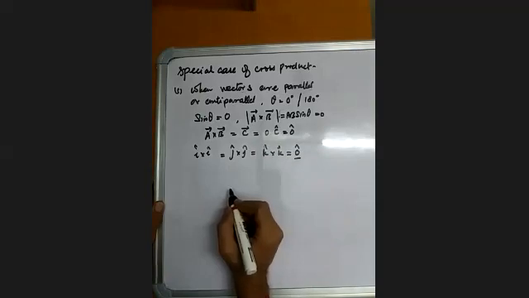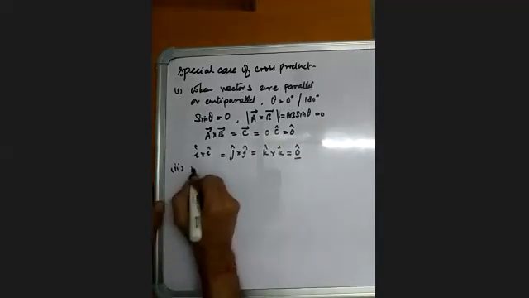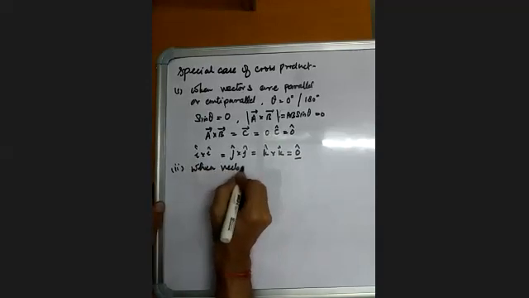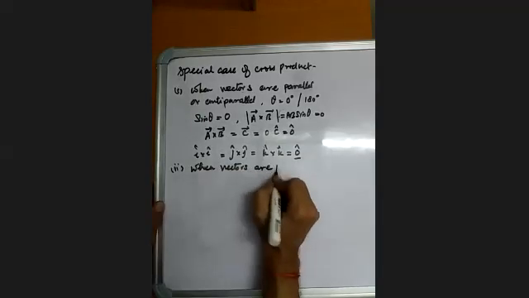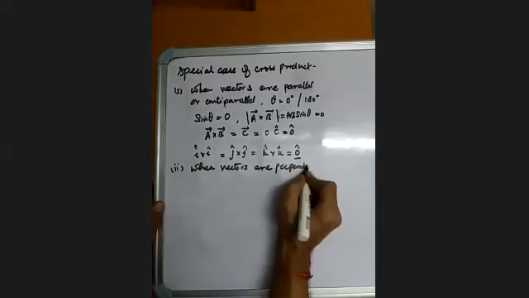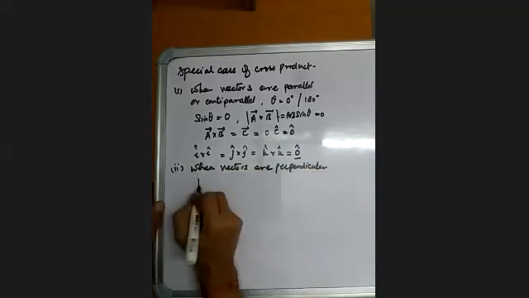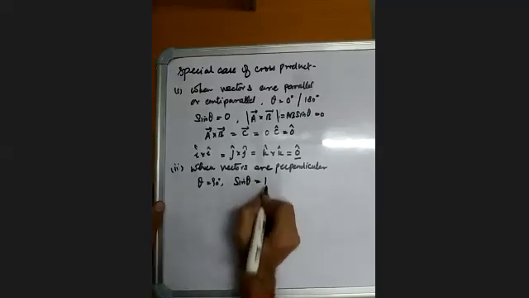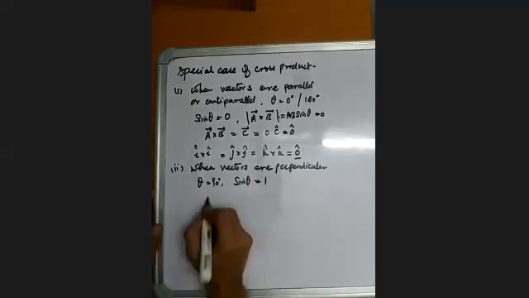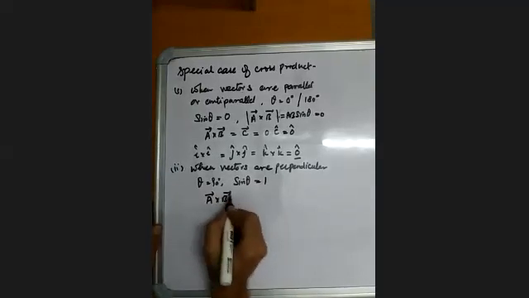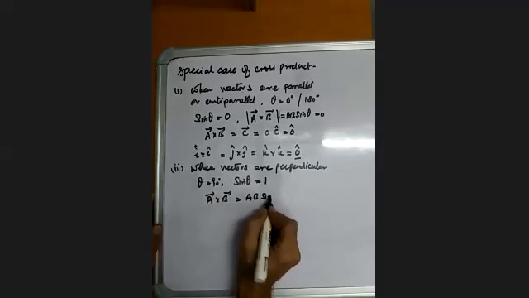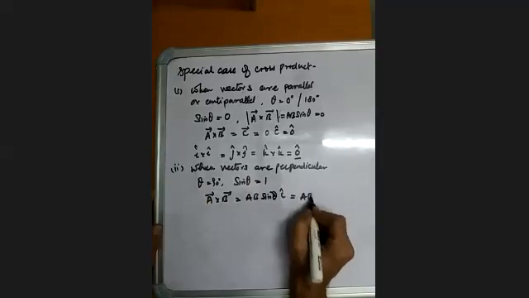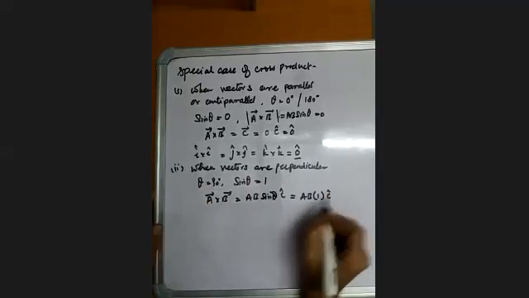Now when vectors are perpendicular, that means theta is 90 degrees, sine theta will be 1. So therefore A cross B, which is AB sine theta C cap, will be equal to AB multiplied by 1 C cap.